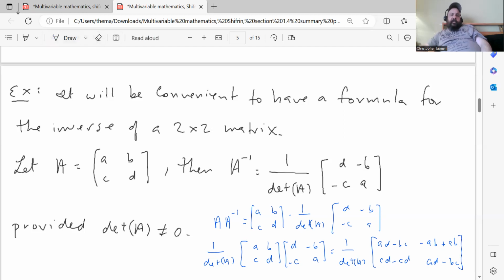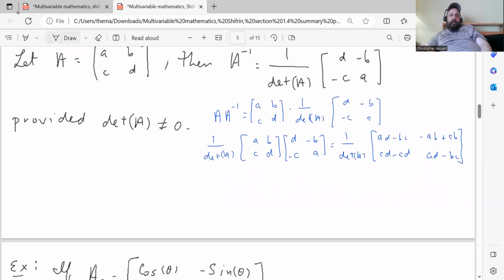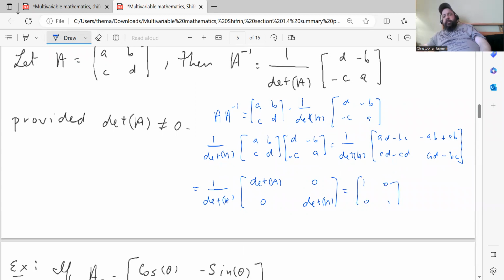All right, and just simplifying some things. Notice that's equal to 1 over determinant A times ad minus bc. Notice that that's the determinant of A, the way that we defined it. We get zeros here, and we get determinant of A. And then just doing the scalar multiplication, we get 1, 0, 0, 1, which is the identity matrix.